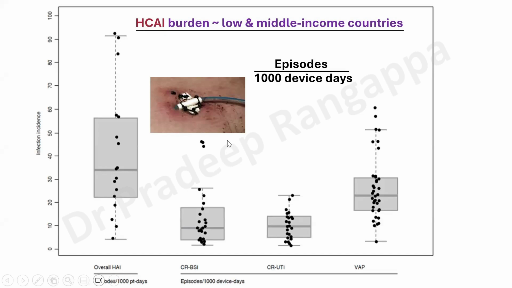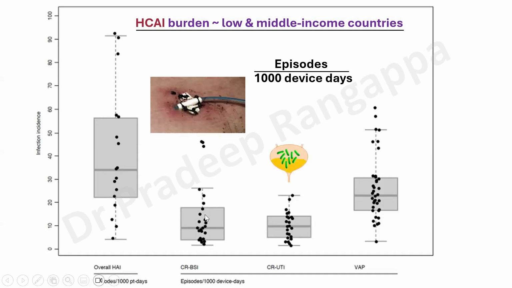If you look at the burden in the middle income countries, it is high. For CRBSI, the benchmark is usually 4 per 1,000 device days, which is universally accepted as a quality indicator. Here, if it is 0 to 10, it is a little higher. The clustering seems to be low, but the other dots have gone up to 20. So that is the burden.